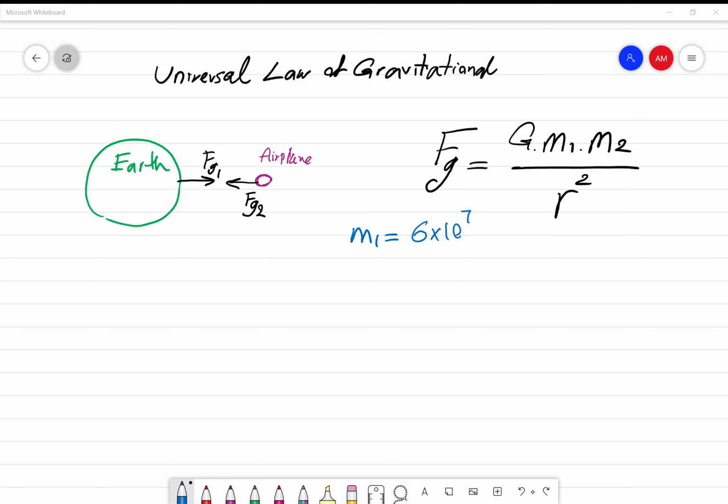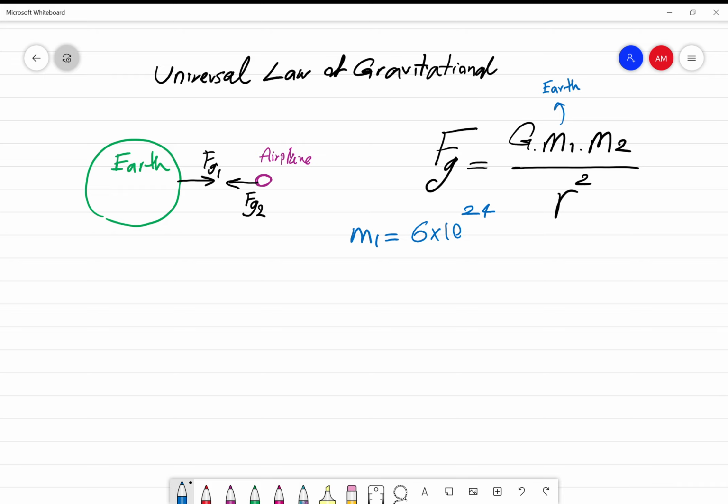Correct? We said roughly it's equal to 6 times 10 to the power of 24. So that's the mass of Earth, M1.